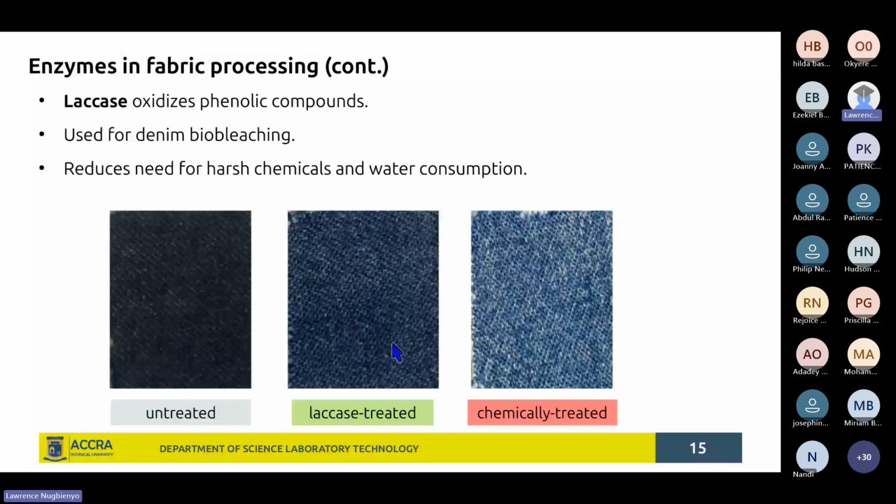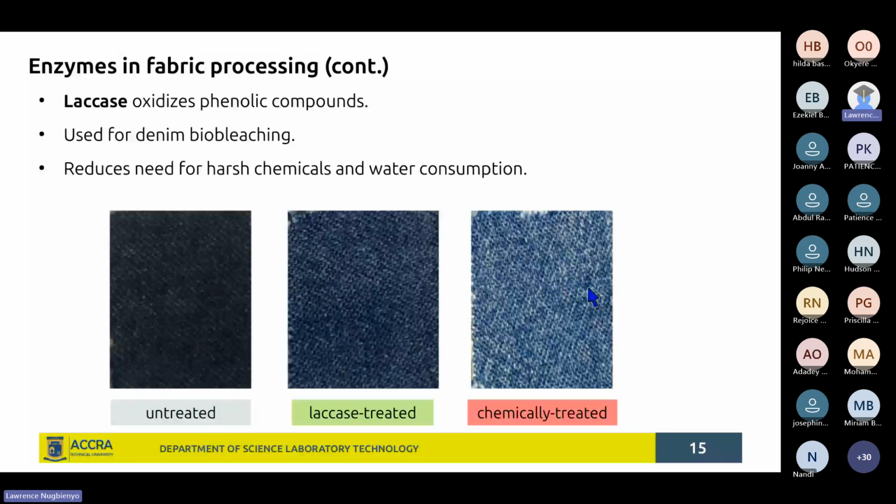This is some research that has been done to compare laccase treated and chemically treated denim, and you see that the chemically treated denim has some destruction of the color of the denim. The laccase treated denim looks much better than the chemically treated denim.